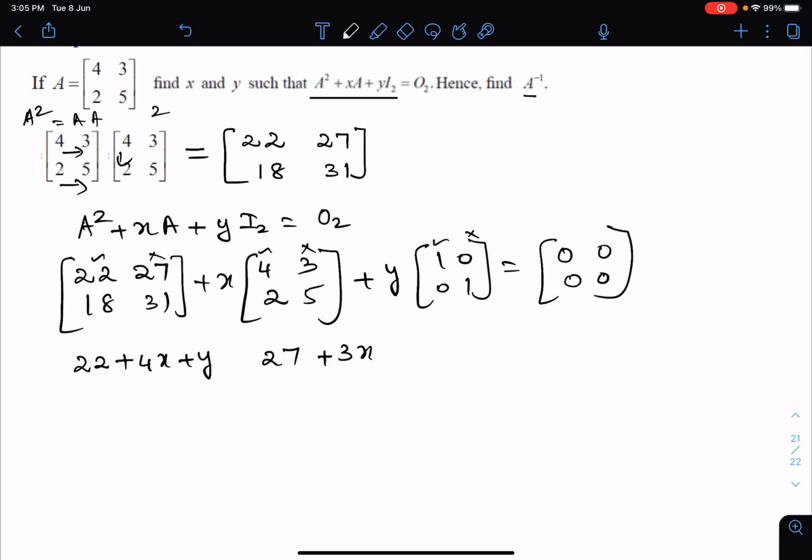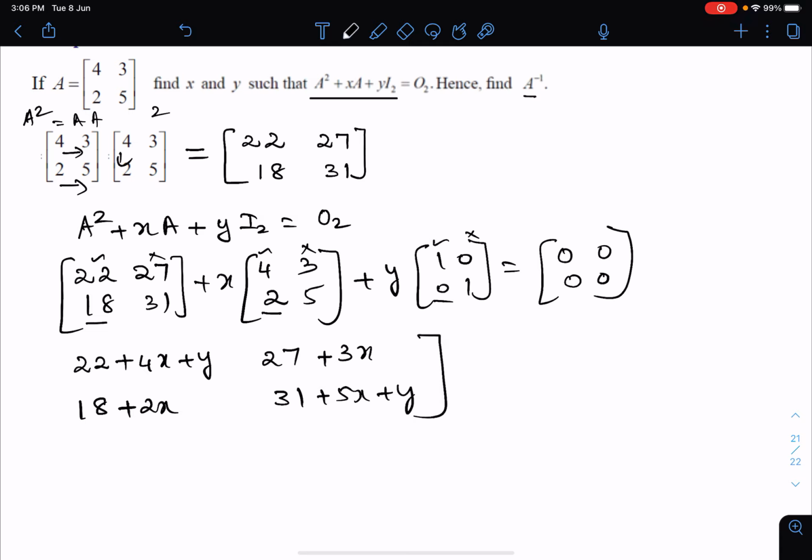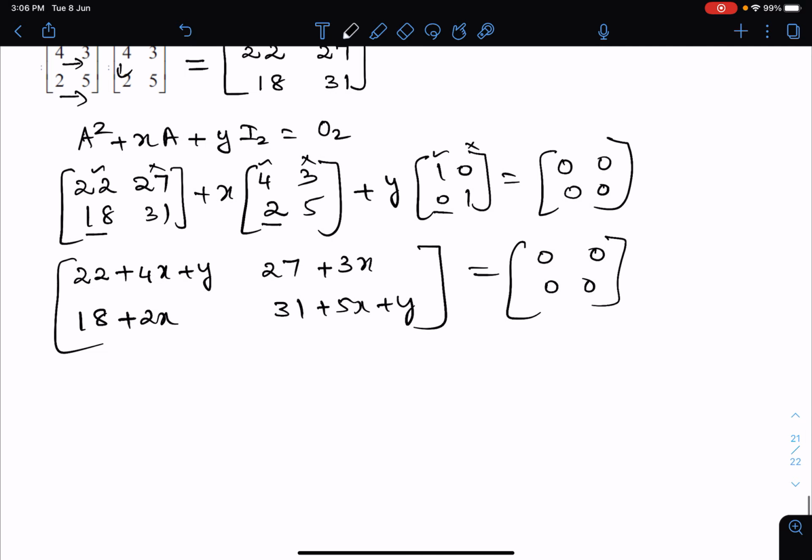Now coming to our second row first element, these three are going to combine, 18 plus 2x, again 0, you need not write that. Now coming to this last element, 31 plus 5x plus y. So this is going to be our matrix. Okay, so each element is equal to 0, so you can equate each one.